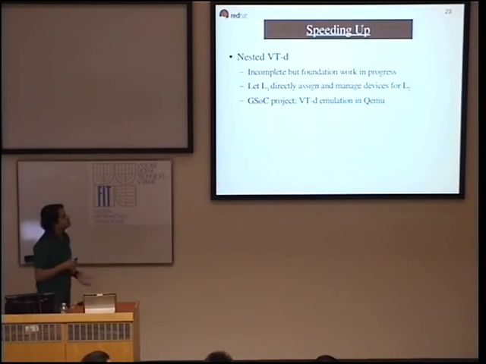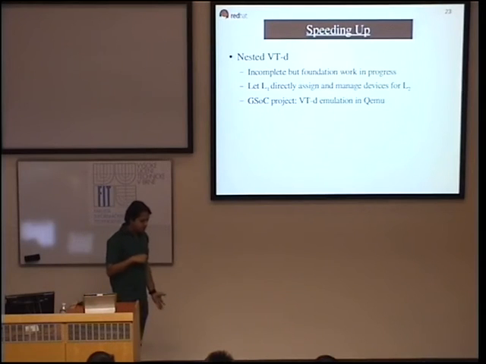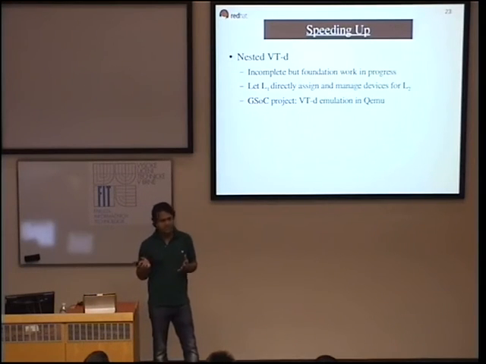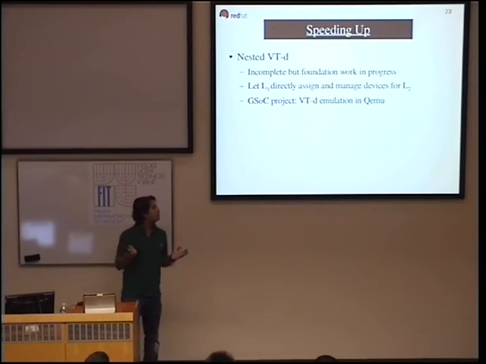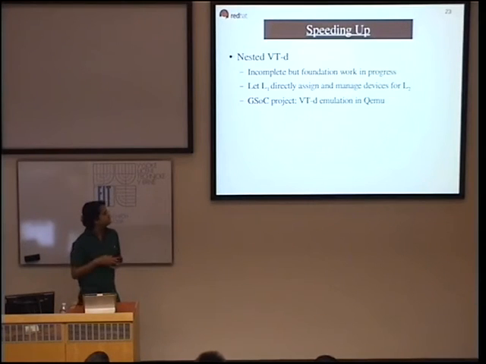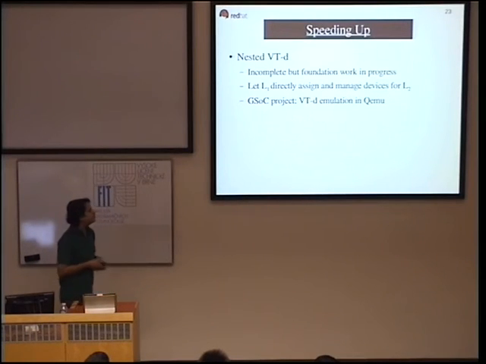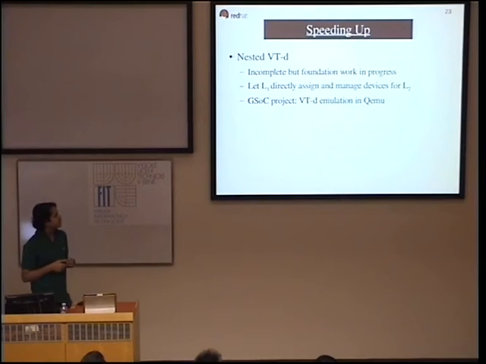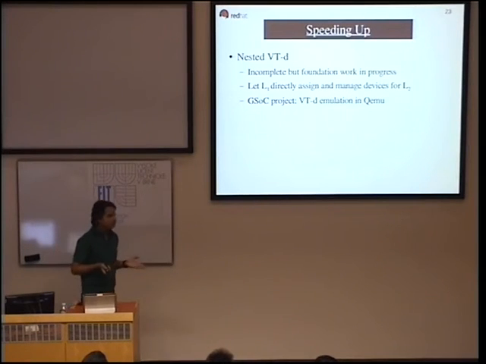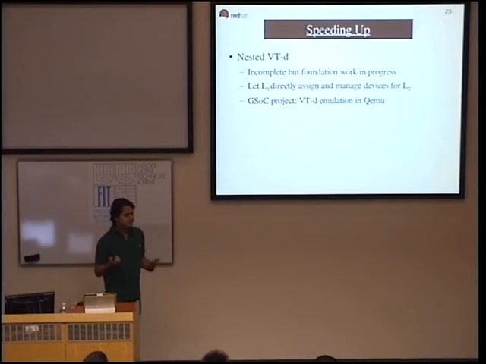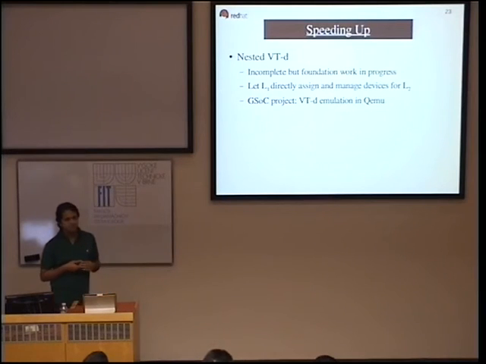And finally, this is a to-do item, nested VT-d, which basically lets the level 1 guest directly assign a device from the hardware. We don't have code for that yet, but hopefully this is something that's going to get implemented soon.